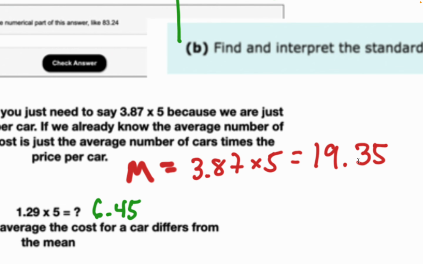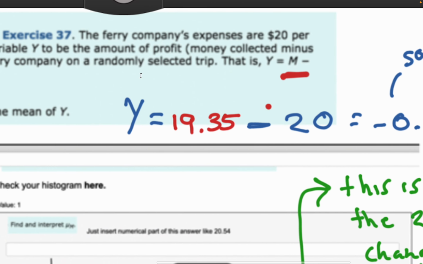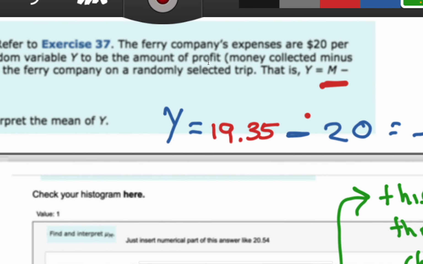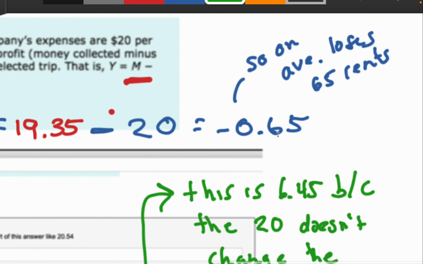So this is how much they're bringing in on average. And their expenses every time they run it are 20. So how much do we expect to profit? Oh man, we expect to lose, right? This tells you that they're not charging enough. So on average, they're going to lose 65 cents.